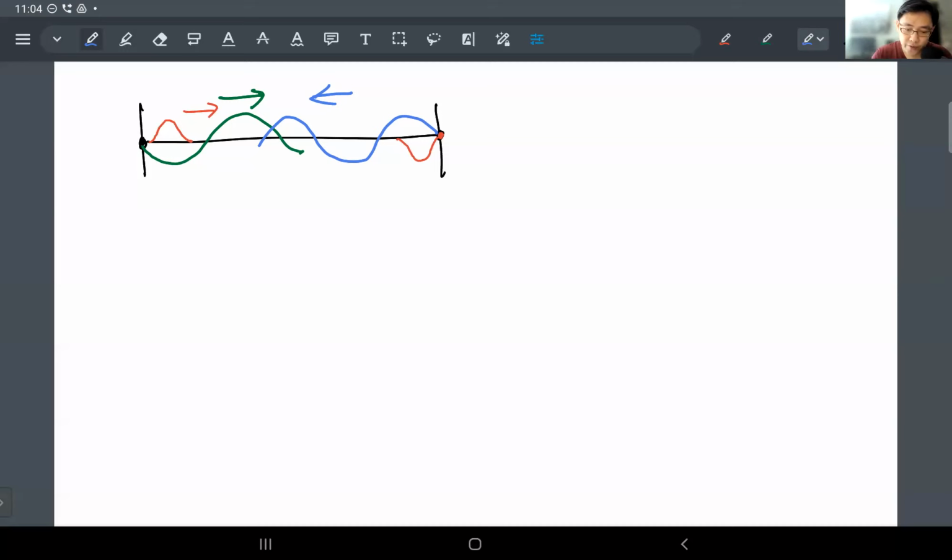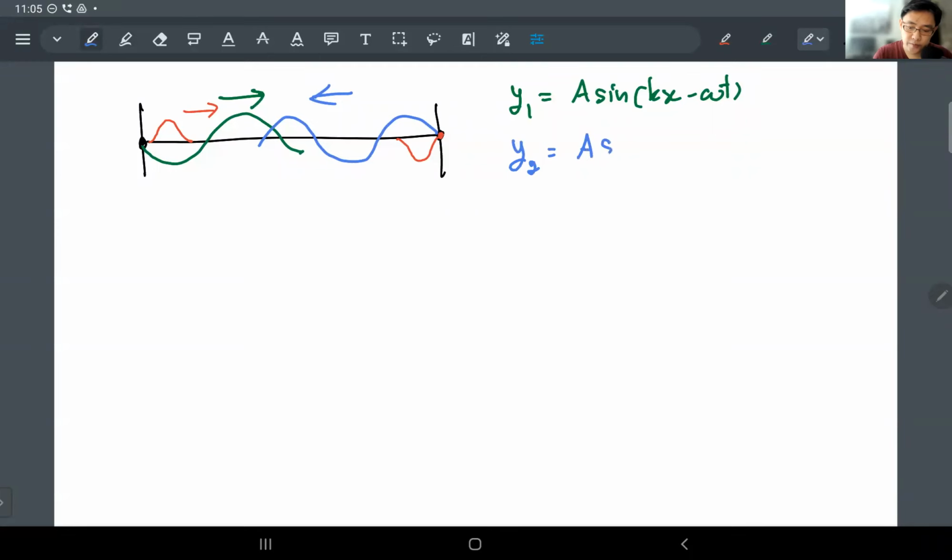Okay, so first, let me give the first wave to be sin(kx − ωt). You guys with me so far? Everyone knows how to read this one. Amplitude is A, the wavenumber is k, the frequency is ω, and the negative sign means it is traveling in the positive x direction. Good. Now I do the same thing for the blue.